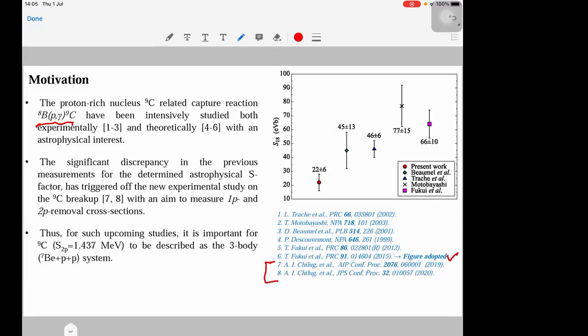In order to support the upcoming experimental studies, in which they aim to measure the 1-proton and 2-proton removal cross sections, it is important to describe 9-carbon as a 3-body system to evaluate the 2-proton removal cross sections. This is the motivation for us to describe 9-carbon as a 3-body system.